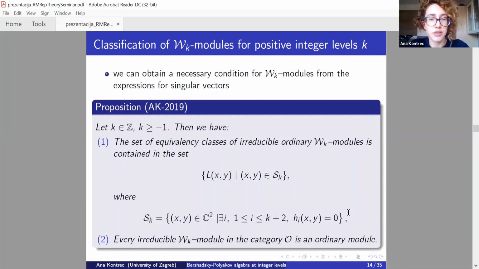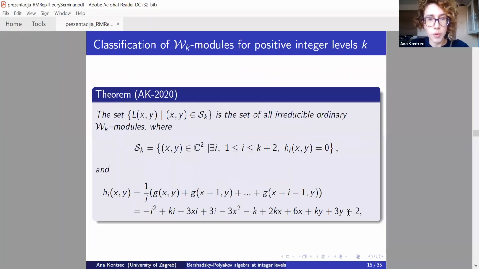So if something is a highest weight module, then the highest weight needs to be a zero of a polynomial h_i. Okay, this is actually easily obtained from the singular vectors, and of course using those results by Arakawa. The hard part was showing that these actually are W_k modules. And we were able to prove that these in fact are all W_k modules.